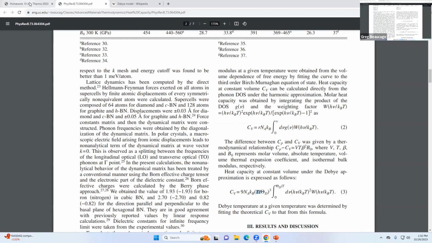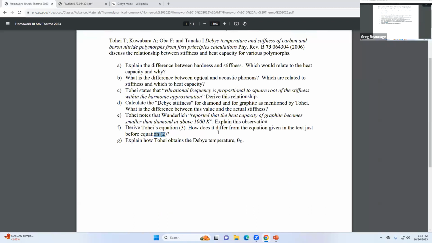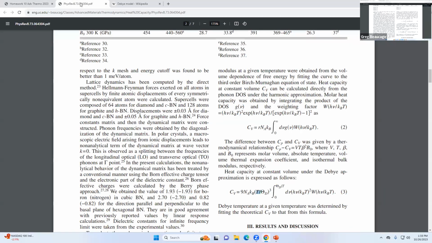Like how you compare the Debye and the Einstein function in the context of this is a weighting factor that's used in the Debye function. And then how does it get the Debye temperature? So you got that from this Debye, I guess he got it from the Debye frequency using that same K, what is it? h nu over k. It's the Debye temperature. So if he knows the Debye frequency, oh no, that isn't how he does it though. No, well, how he does it, right? He does this.